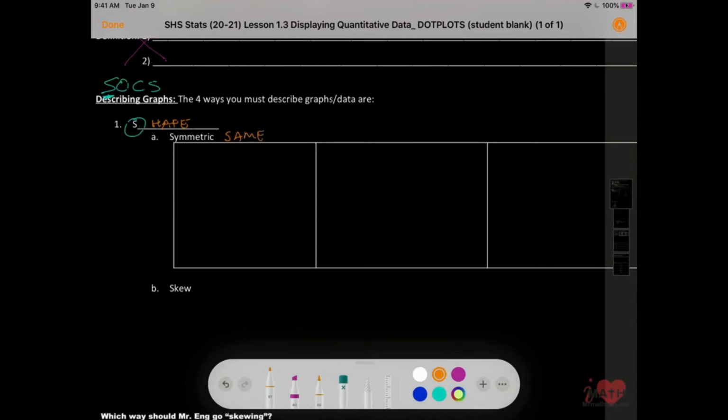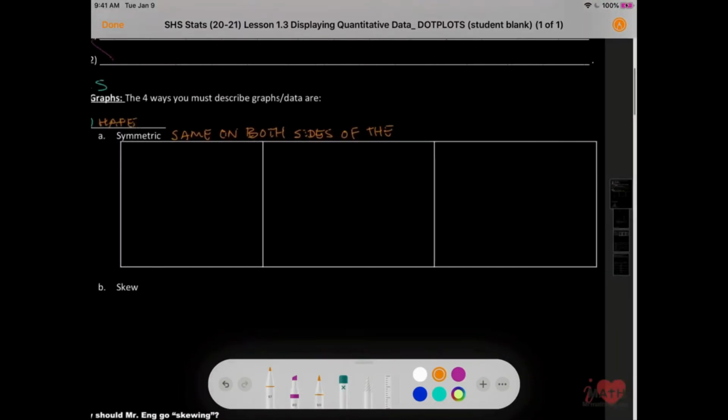Same on both sides of the distribution. Remember, another name for distribution is also called a graph.